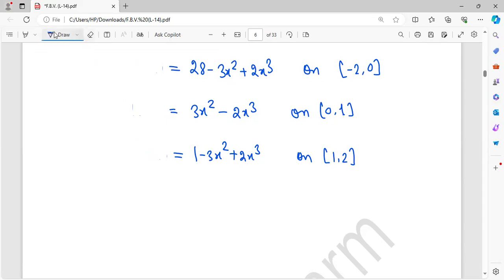What is actually this? This is BF minus 2 to x, where x belongs to this interval.